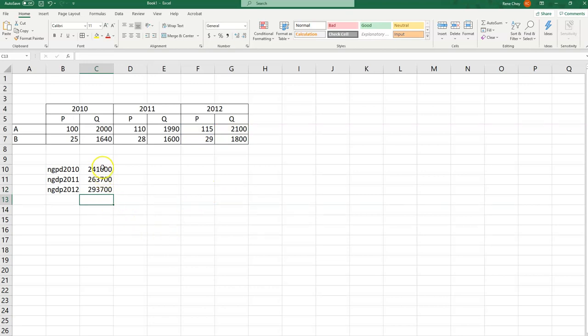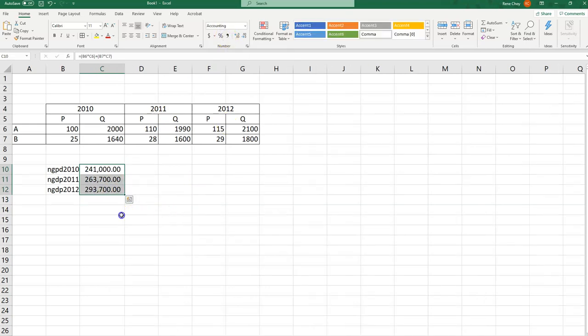All right, so this will be our GDP information for the year 2010, 2011, and 2012 in nominal terms.